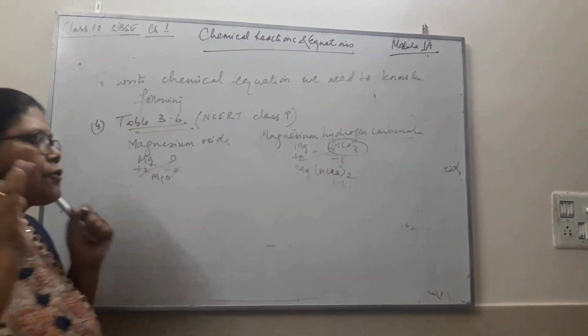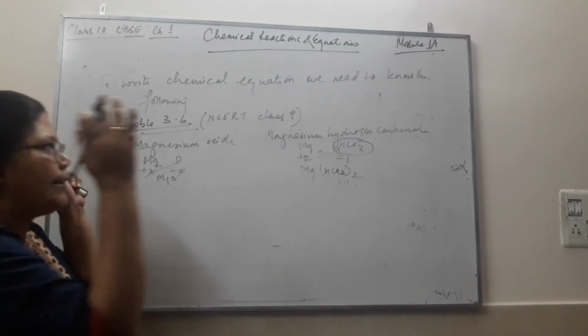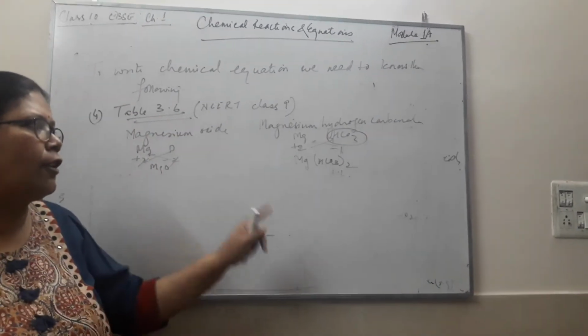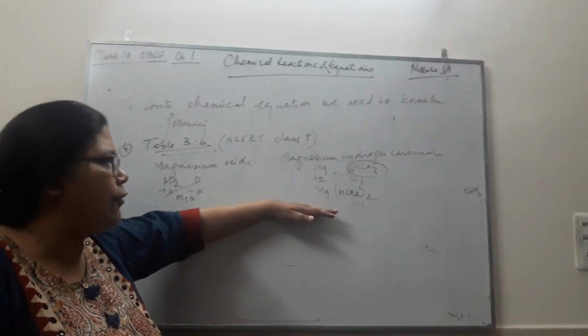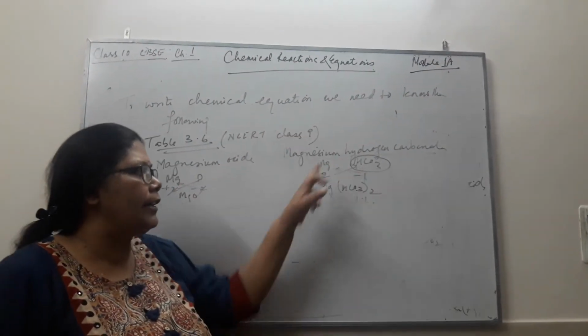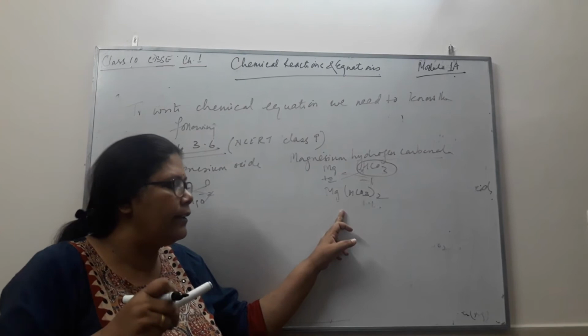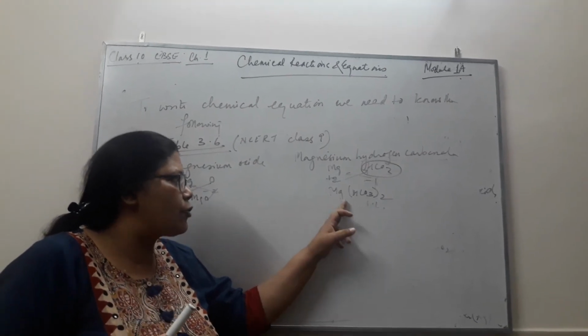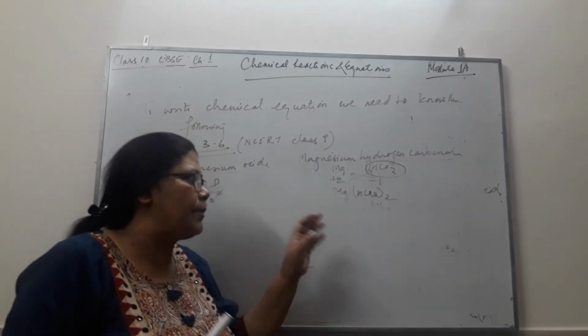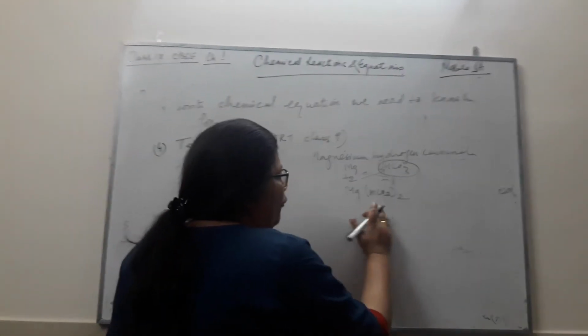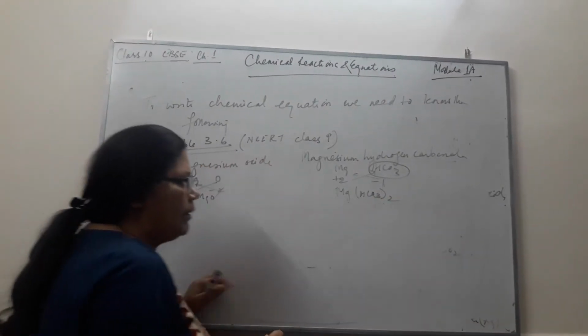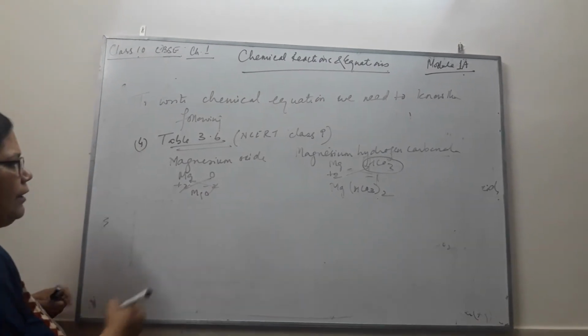So finally, remember, whenever you write a chemical formula using valencies, only the polyatomic ion which is multiplied more than 1 has to be placed within brackets, and on the right side of it you place that number.